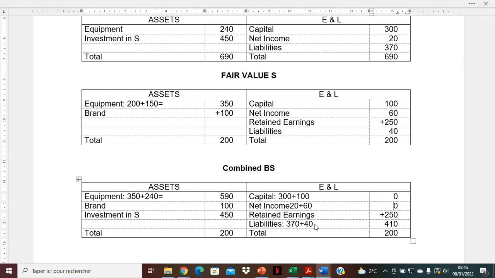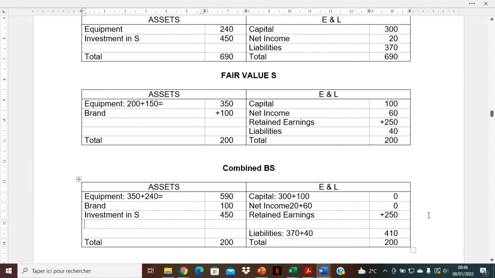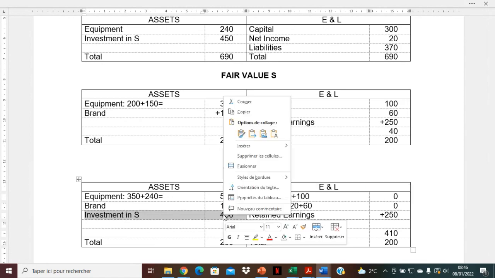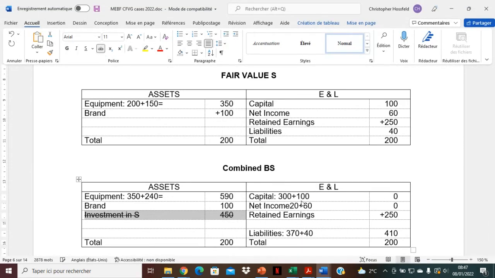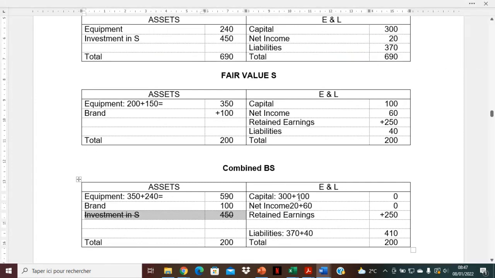Okay, and then we do the eliminations. Before I do that, I need to delete, as always, my investment account. Now here we have to do this step by step. Remember, here we purchased 80%.